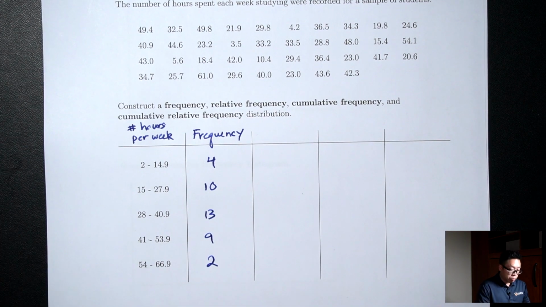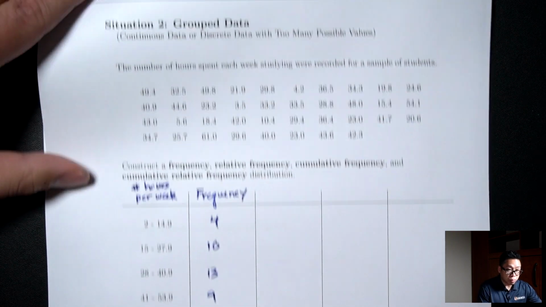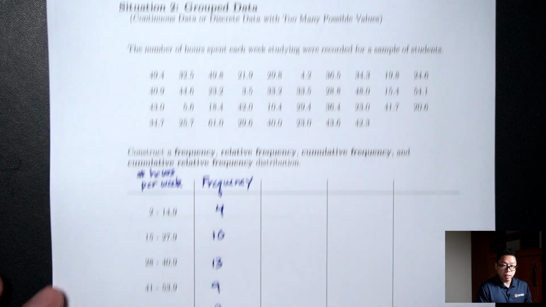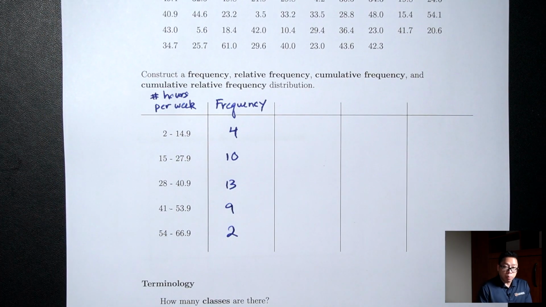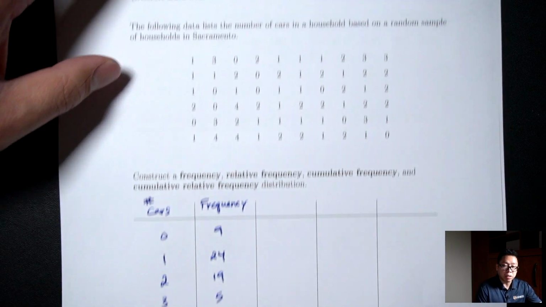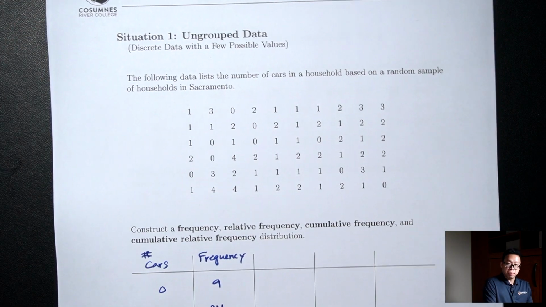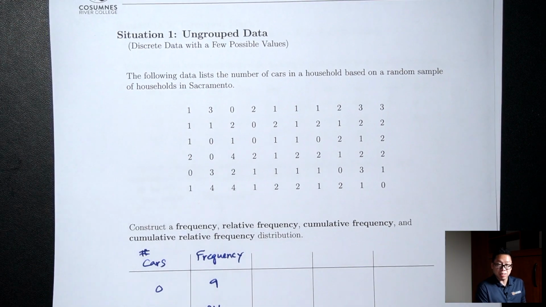Okay? And that's frequencies for the grouped data situation. Now, the rest of the table is computed the same way for both situations. So let me just explain it for situation 1, and I'll just tell you the answers for situation 2, because the process is exactly the same.